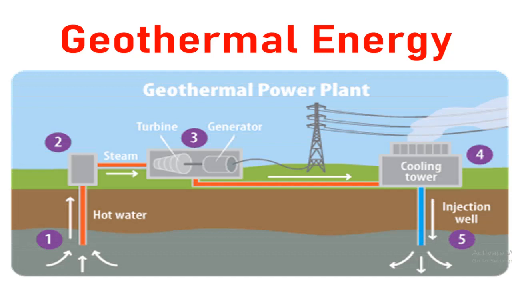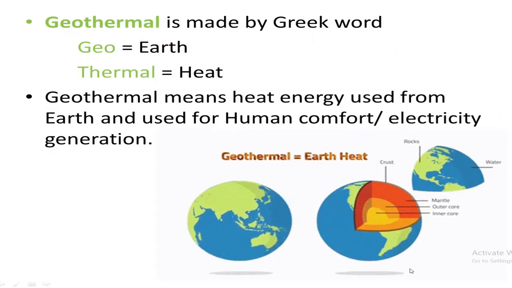As I told you, there is hot water always present below the rocks, which enters through one well and gets converted into steam. It passes through the turbine, electricity is generated, and the cooled water is passed through another well into the ground. This is called geothermal energy.